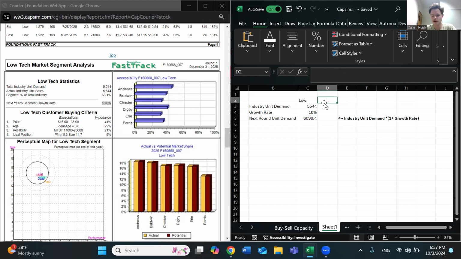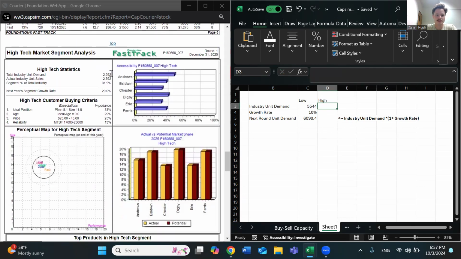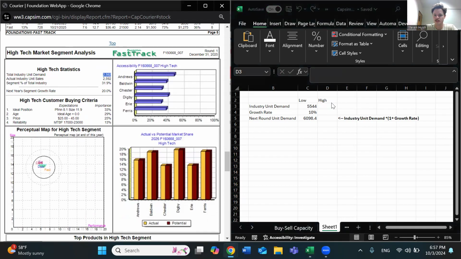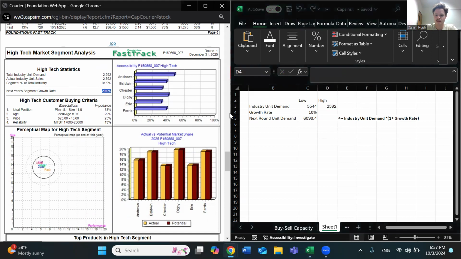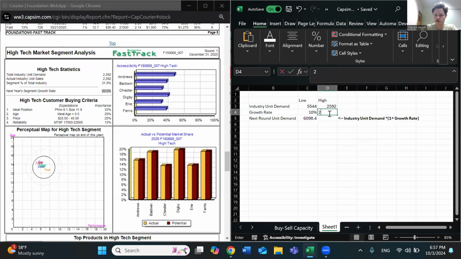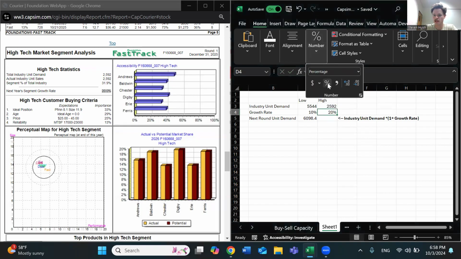But I also need to take into account high tech. So I'm just going to do that real quick. High tech, there are this many people, 2,592. Growth rate for high tech is 20% or 0.2. What I'm going to do right here, I'm going to go back and change this to a percent right there.